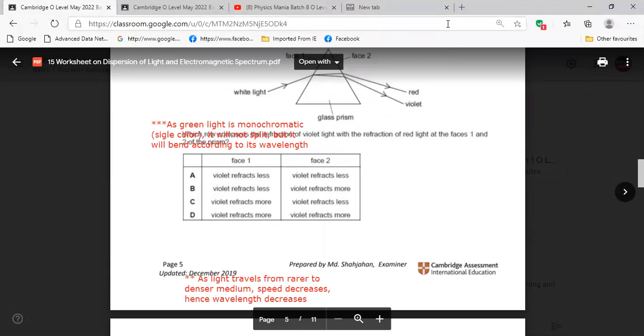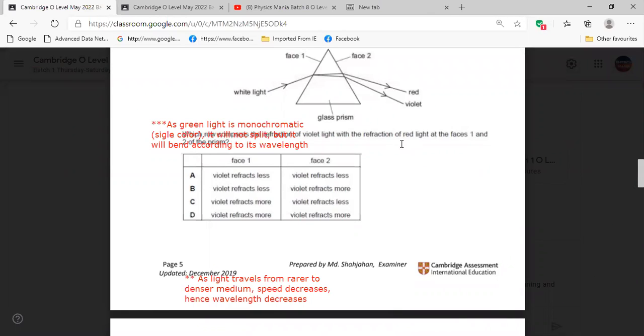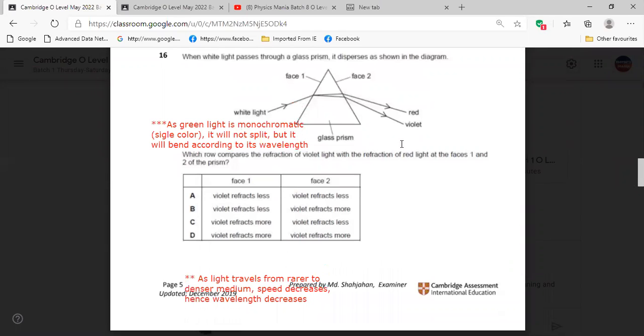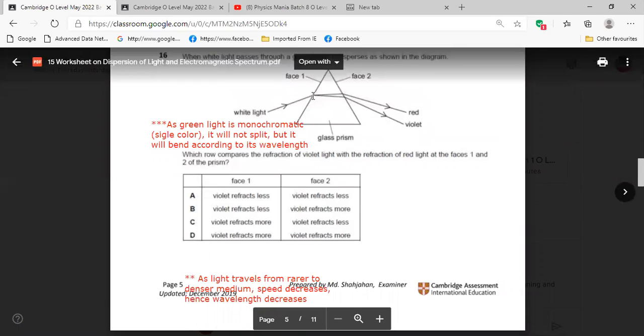White light is splitting into 7 different colors because white light is a mixture of 7 colors. So green light, it is monochromatic light. It is a single light, right? Monochromatic means single color. That's why it will not split, but it will bend according to its wavelength.